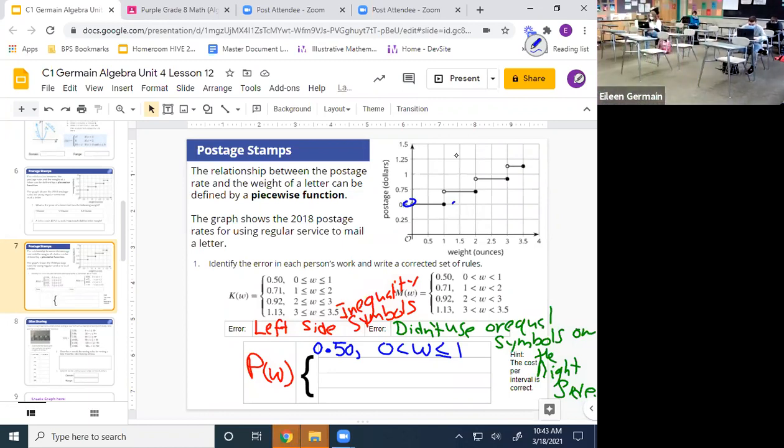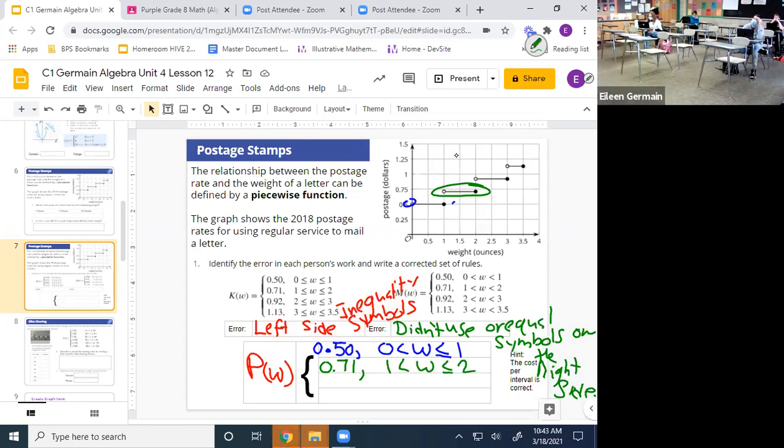Good. Now, second interval, the second piece of this graph here. Remember, we said that the value that it's equal to is correct in this table. Who can help me to write the second interval for this piece here? First, the equation or the value it's equal to. What's it going to be? Junior. 0.71. And then 1 is less than W, less than or equal to 2.